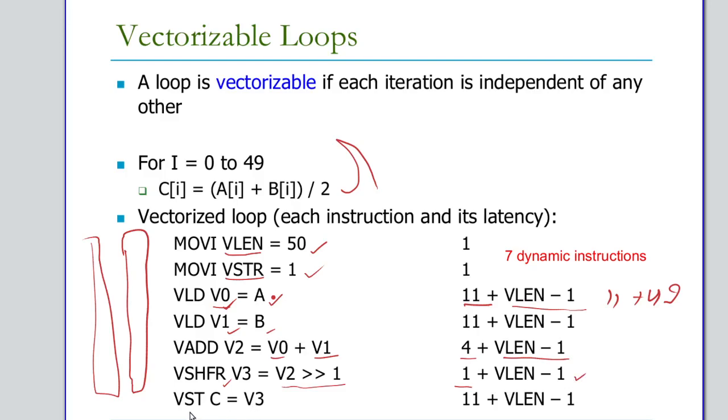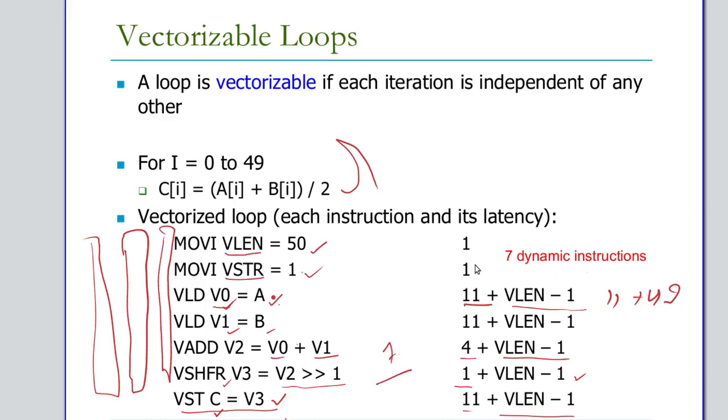Next is the vector store. It will store your v3, another output vector register. So you will store this v3 in C. For storing also it will take 11 plus 49 clock cycles, right? So in total, the number of instructions you have to fetch from the memory will be just 1, 2, 3, 4, 5, 6, 7 instructions only.